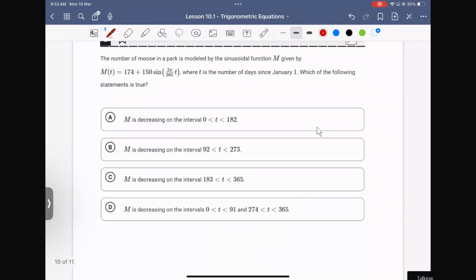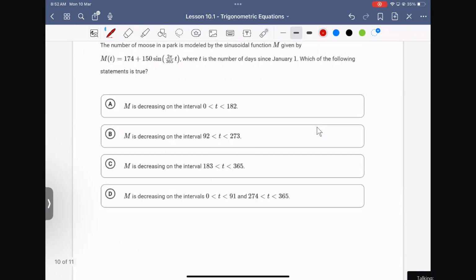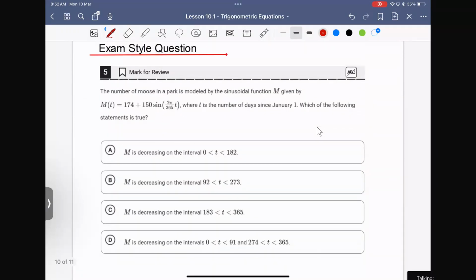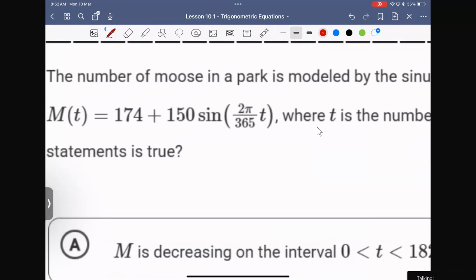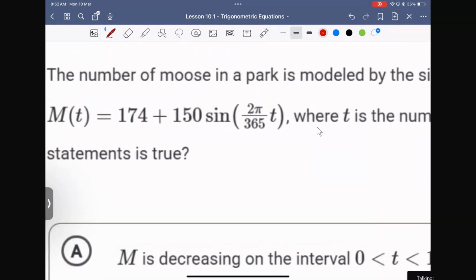So I think what we want to do for this one is, what is the maximum value this function produces? 324. How do you get that? Because for the sine function, the maximum value is 1. So we can just use 174 plus 150.